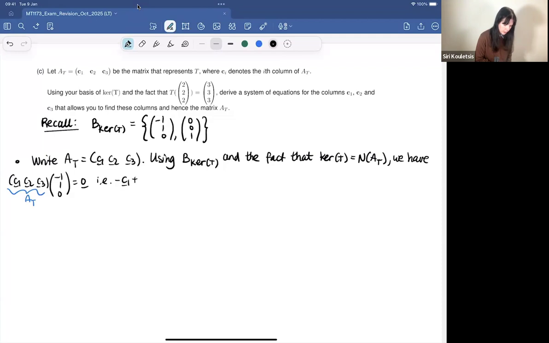And so we see that minus C1 plus C2 equals the 0 vector, and that is C2 equals C1. So that's the first equation.